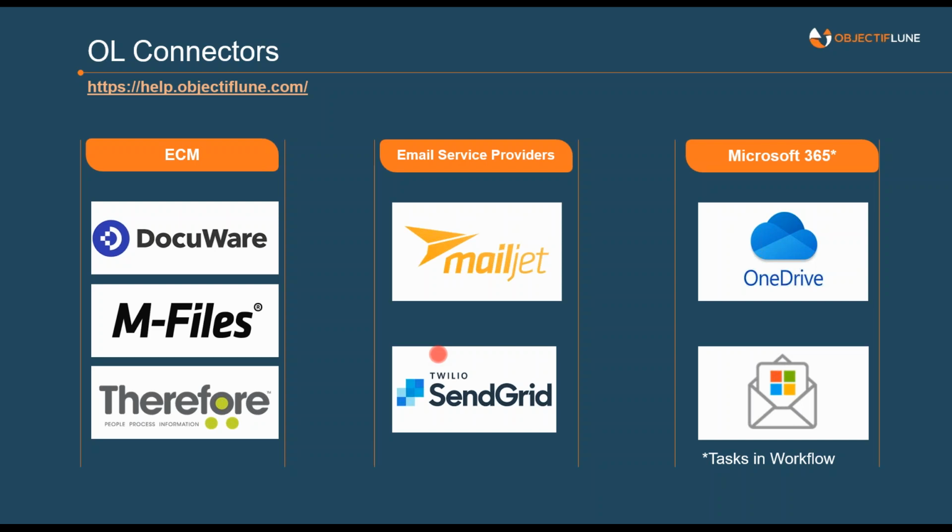We handle that inside the workflow, inside the Connect server, before sending to MailJet or SendGrid. So these email service providers just send. They don't process the email. The emails are ready to send. We hand the email to them.